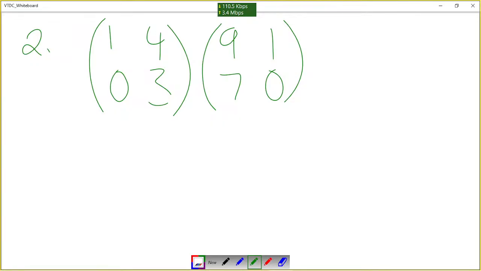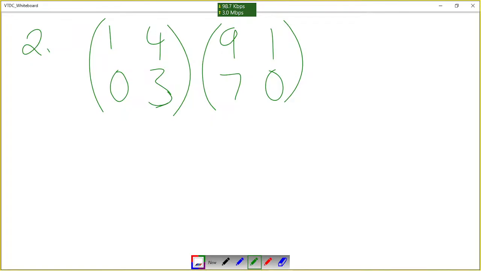To solve this one, we're going to do the same thing. These questions have given you matrices where the number of columns in matrix 1 is equal to the number of rows in matrix 2. So how do we go about this one?